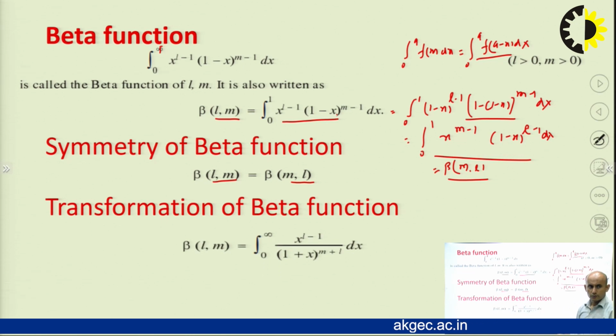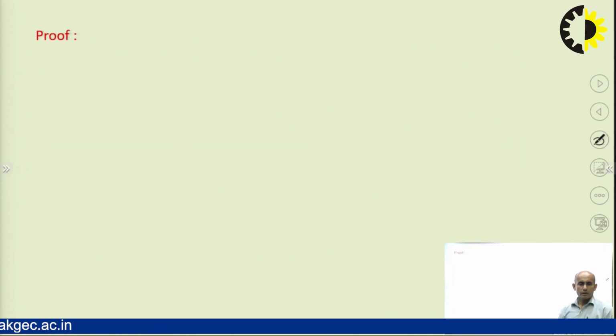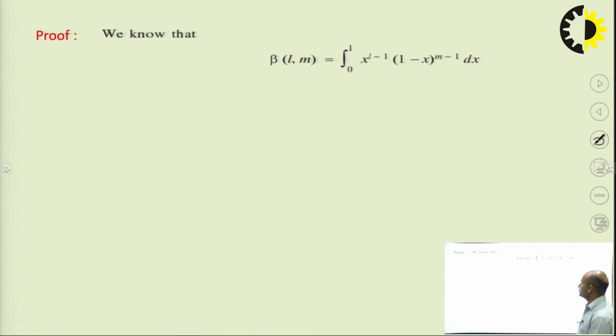Now there is one transformation of beta function in which we have beta l m equals integration 0 to infinity x raised to l minus 1 upon 1 plus x whole power l plus m and dx. Now we have a proof of this transformation. As we know, we have discussed this one, that beta l m is this integration which is 0 to 1, x raised to l minus 1 and 1 minus x whole power m minus 1 dx.